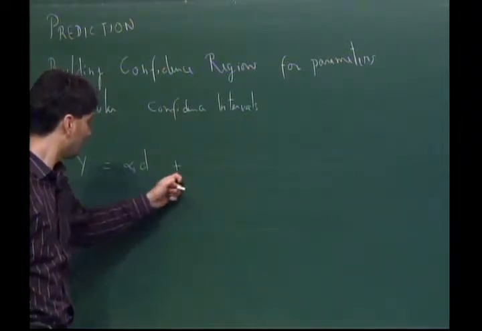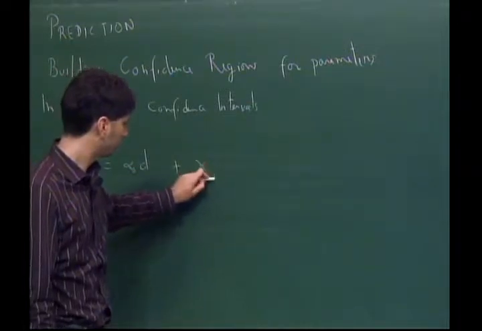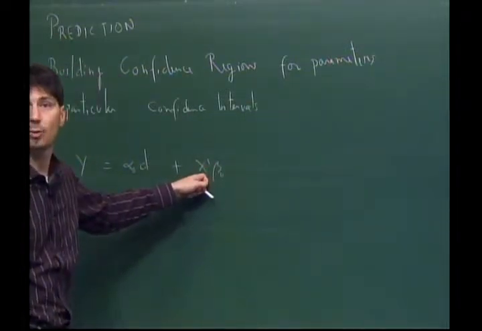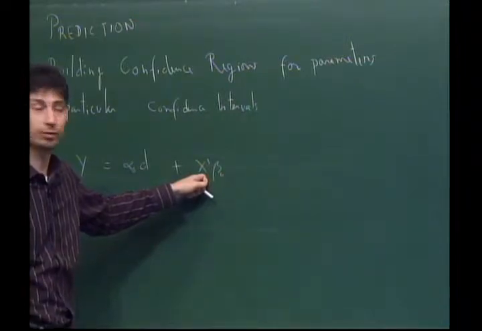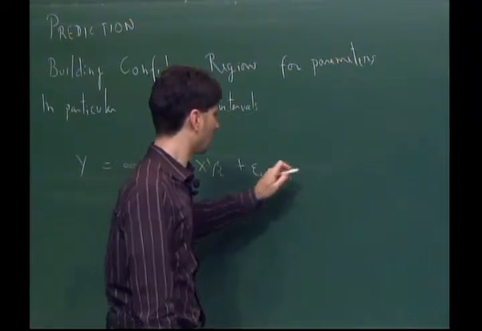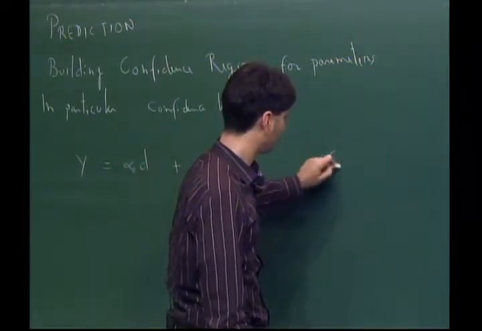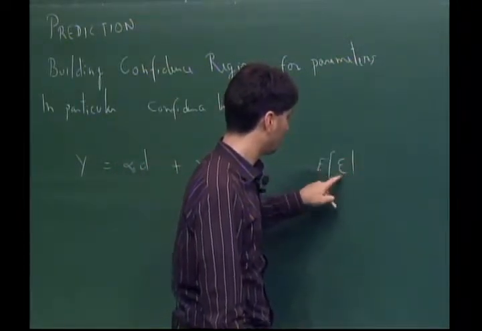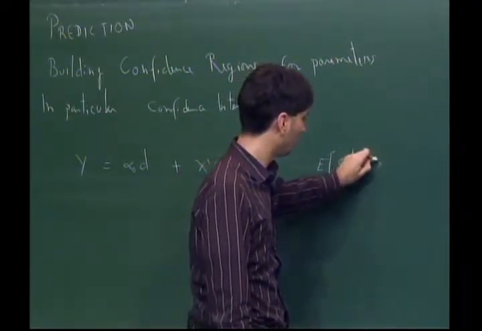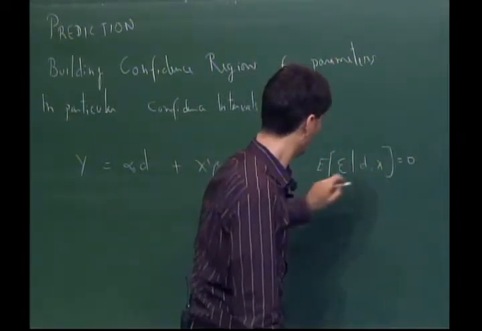And I also have extra controls. So I want to control for these confounding factors. So those are my controls. And I have my random noise. And I'm going to make assumptions on the noise as usual. The expected value of the noise given the treatment and all the controls is 0.